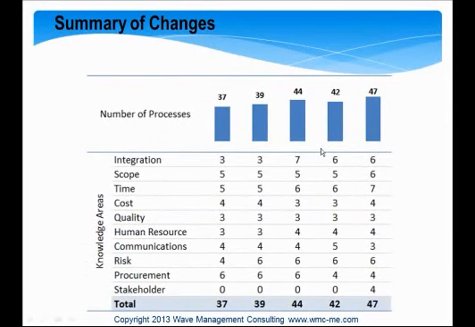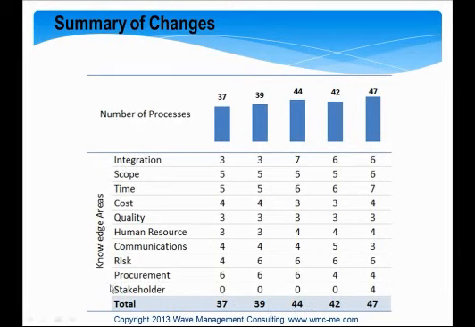To summarize the changes, this chart shows the different editions of the PMBOK. So this is the first, second, third, fourth edition and the 5th edition. We can see that the number of processes has changed. Now in the 5th edition we have 47 processes as opposed to 42 processes in the 4th edition, and this is the distribution of processes across the knowledge areas.